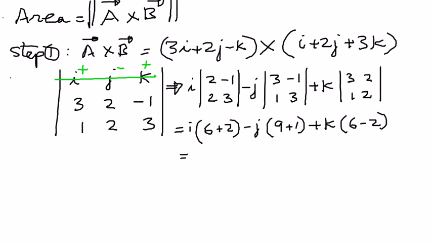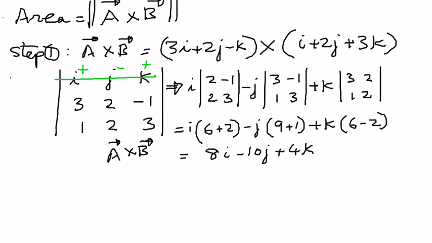So 6 plus 2 is 8i, 9 plus 1 is 10, minus 10j, and then 6 minus 2 is 4, therefore 4k. So we got the product of a cross b.